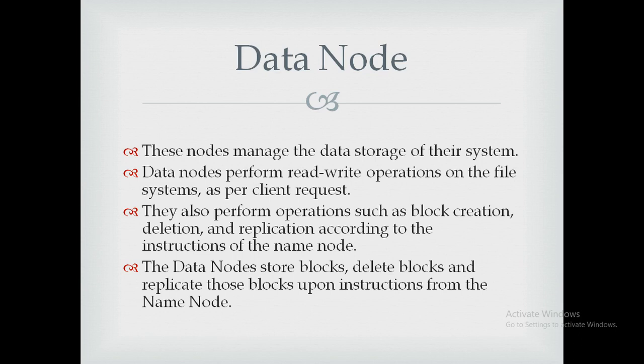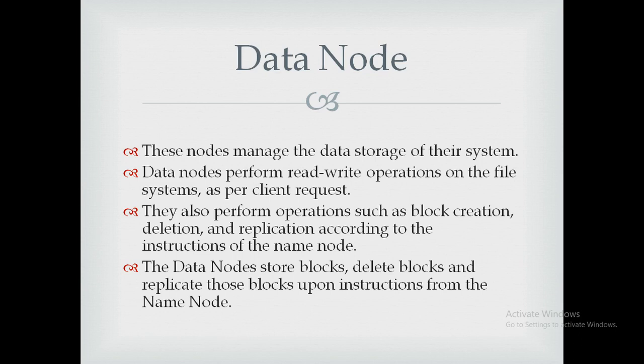There are multiple data nodes which send the heartbeat to the name node. If one of the data nodes fails, then it's the task of the name node to store the information in the other data node so that it can be easily available for the client.